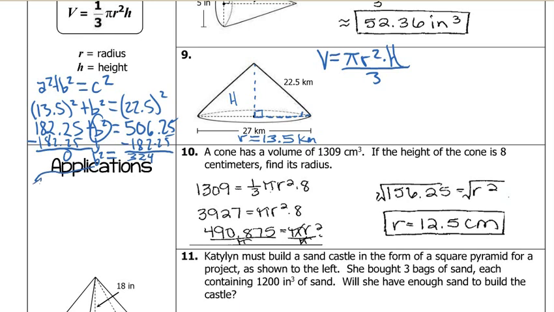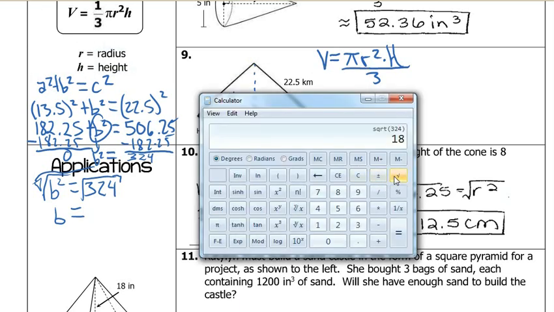I'm just gonna keep working here. B squared is equal to 324. I have to square root both sides to get rid of my exponent on top. So now I have b is equal to square root of 324. Is it a whole number? Is it an integer? It is. 18 times 18 is 324.